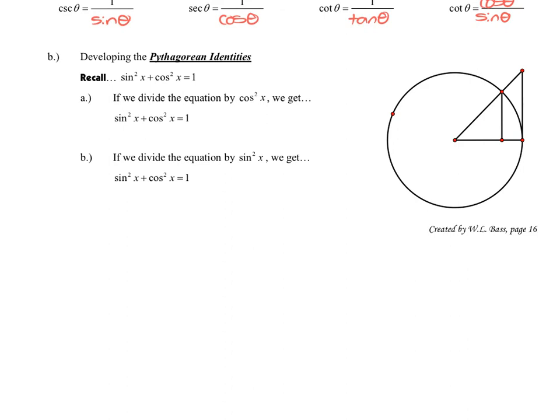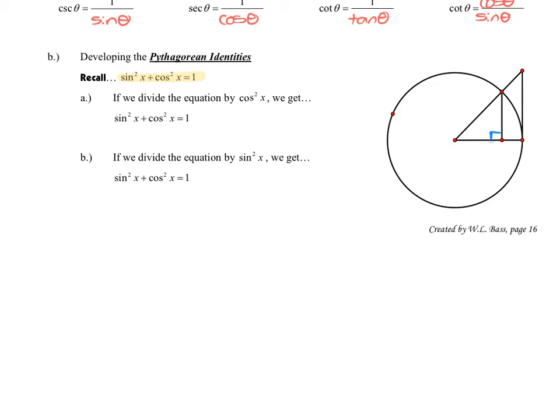Our basic Pythagorean identity right here, sine squared x plus cosine squared x equals 1. It comes from our basic triangle. So if we look over here at our picture, the figure I have over here, we can review this idea. Remember, this is a nice right angle.